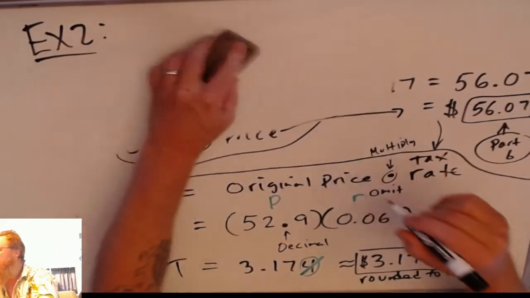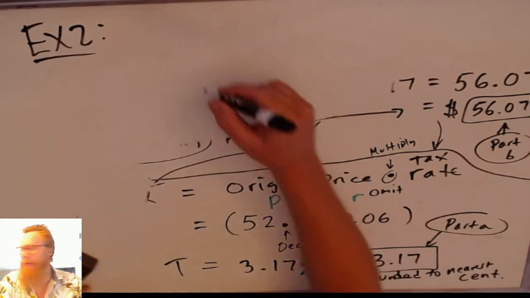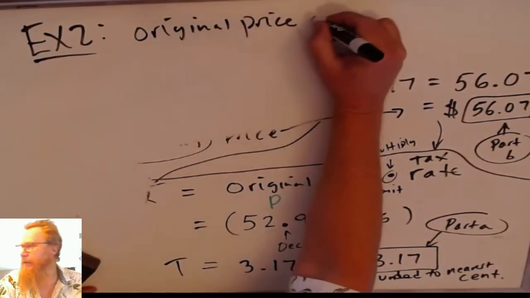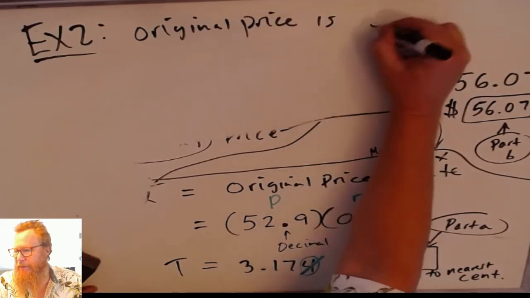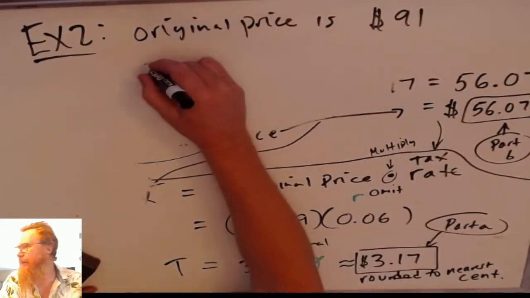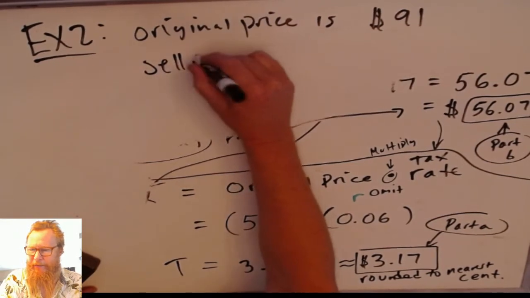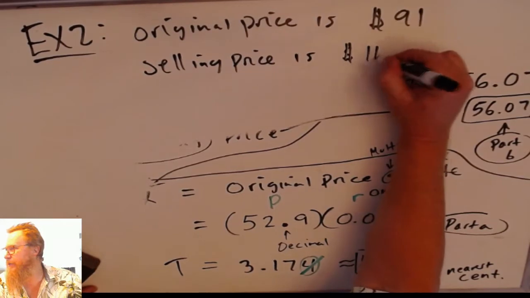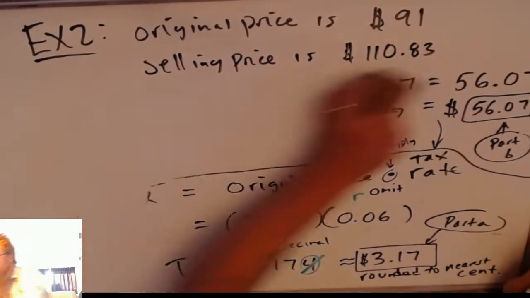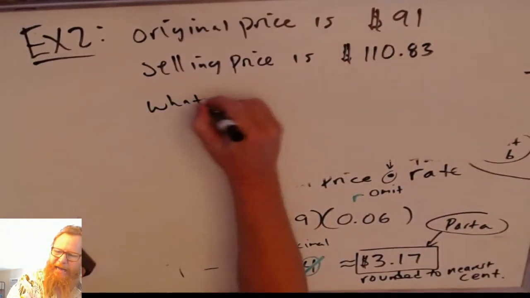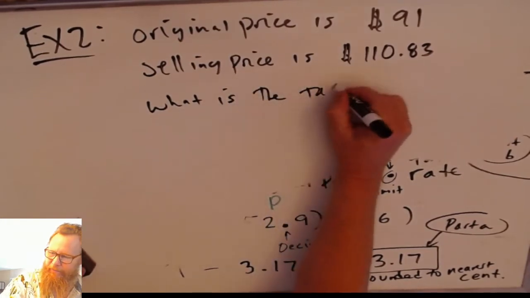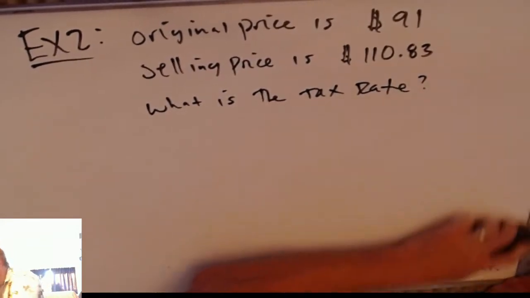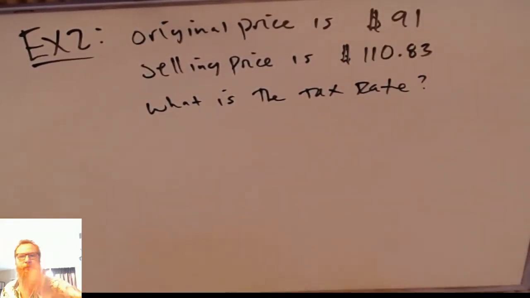suppose the original price was $91 and the selling price is $110.83. What is the tax rate? Okay.